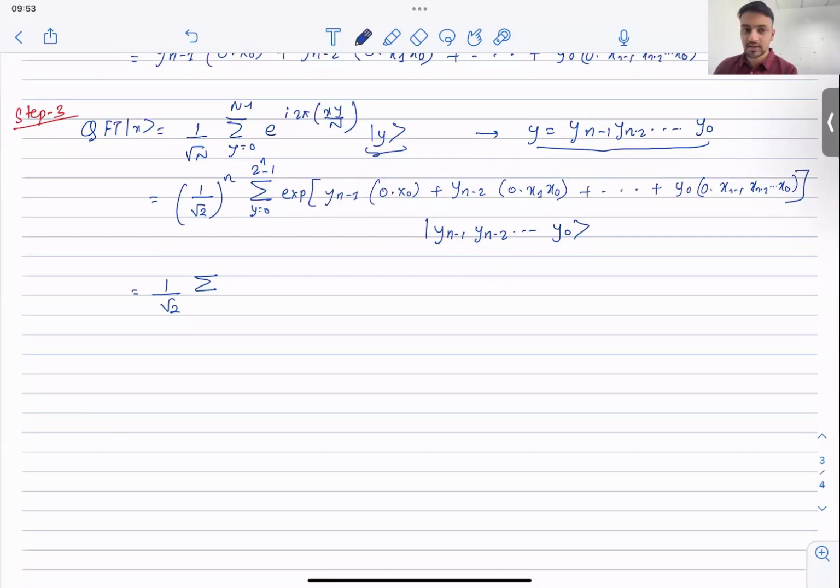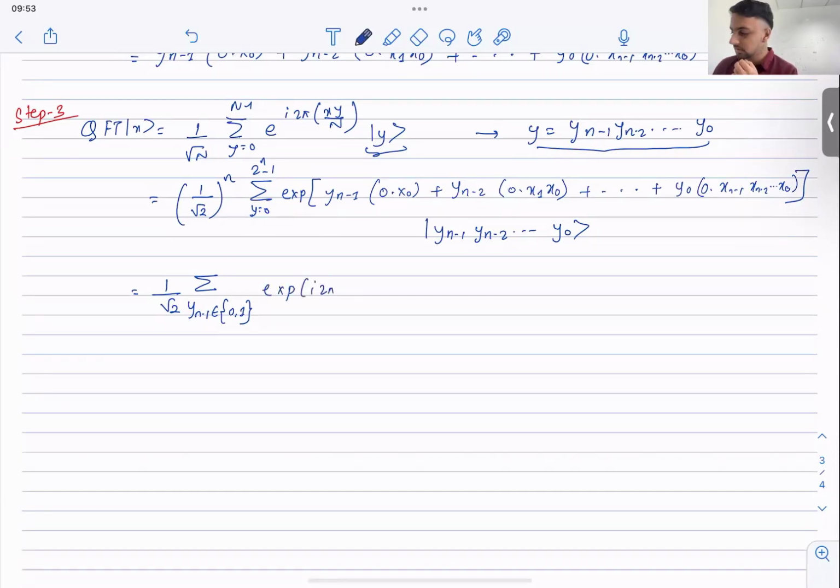So I can just write it down like this: sum over y n minus 1. What possible values does it have? Just 2 values, right? Don't be confused that this y here is an integer, but this integer y has this binary expansion. So I'm going to distribute this in the following manner.